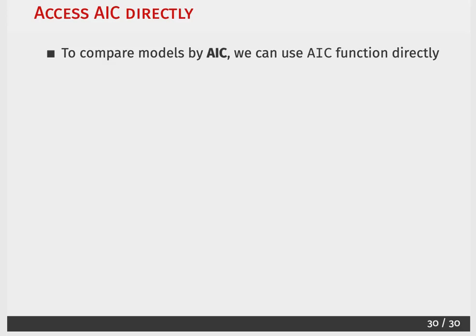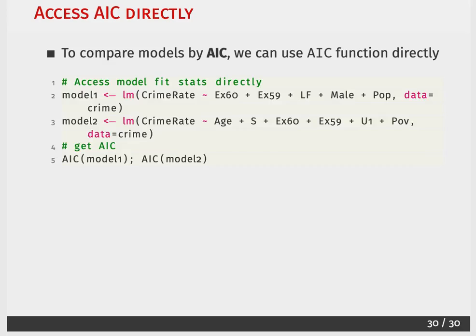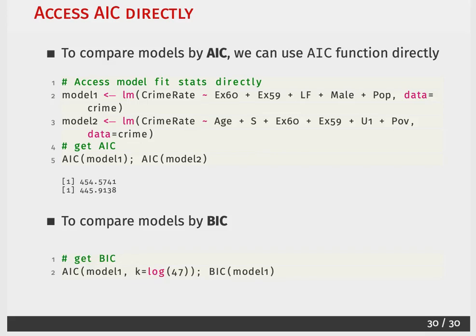And we can compare those directly by using the AIC function in R. So this is me just running 2 different models and then looking at the AIC. We can also do that with the BIC using a function called BIC, or we can alter the AIC by using k with log times whatever n is.